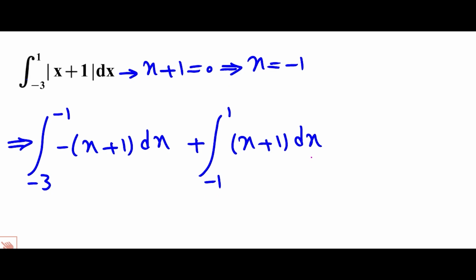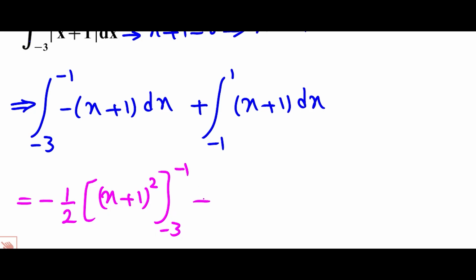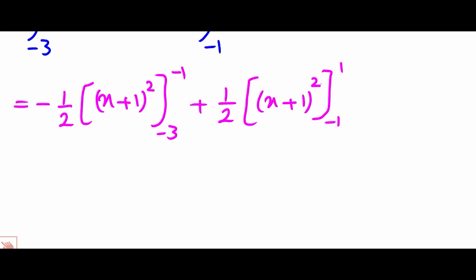If we use the power rule, we have -1/2 times x plus 1 whole squared from -3 to -1 plus 1/2 x plus 1 whole squared from -1 to 1, right?